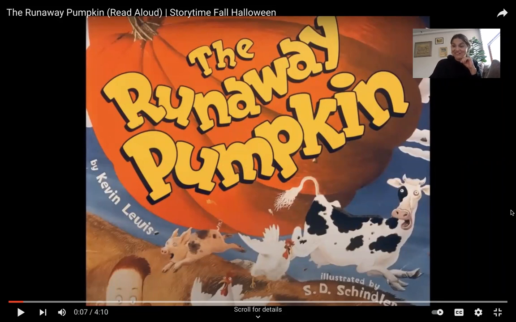They look scared, they look shocked, and what are all of them doing in this? Jumping and running away. Yes. So they're all running away from this pumpkin. So maybe we can predict that everyone is scared of this big pumpkin and they can't really stop it from moving, right? That can be another prediction. Does anyone else have anything to add?